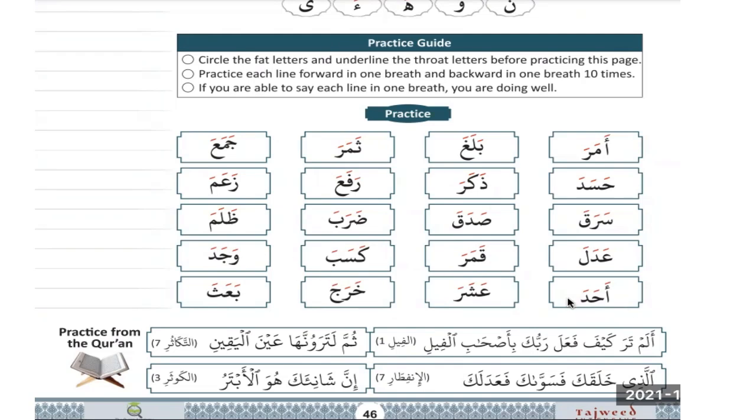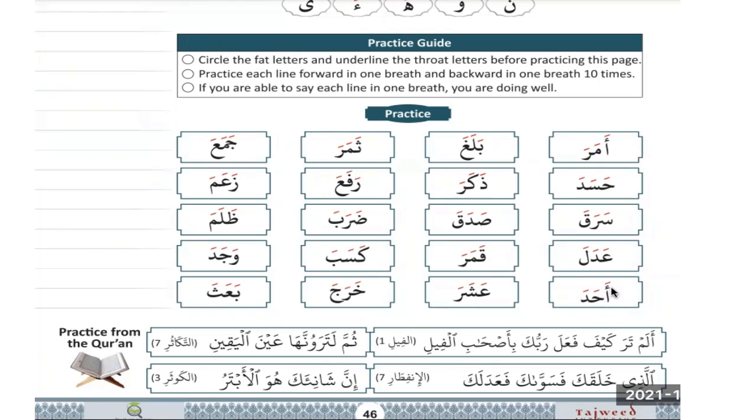Got it? Okay, the last one is ahad. Look, we are not saying alif. We are calling a, because hamza fatha a. A. Aha. Ha fatha ha. Again, we are using our middle throat for ha.